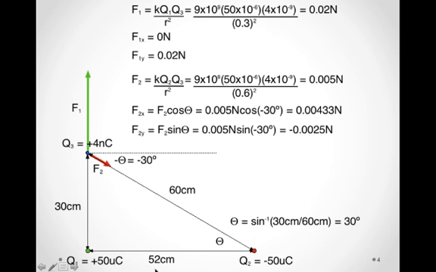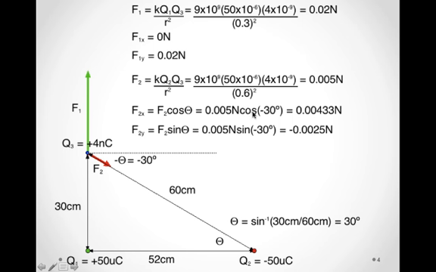If I had used opposite over adjacent, you would end up with the same number, no matter which trig function you used, as long as you chose the right sides. Anyway, we get 30 degrees from that right triangle's structure, and I'm going to use that now as I'm calculating these components.